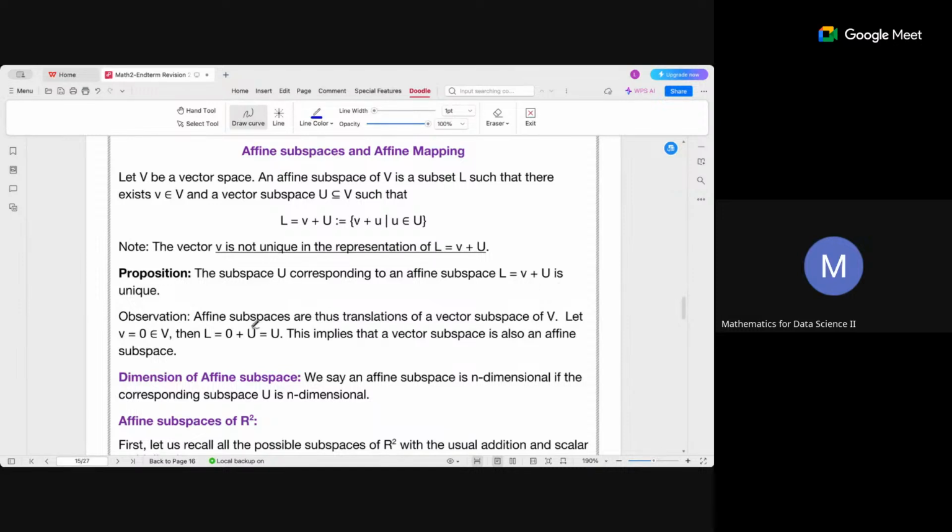So you can see affine spaces as translations of a vector subspace. In fact, if you take V to be just 0, then every subspace also is an affine space. And what is the dimension of the affine space? The dimension of the corresponding subspace is the dimension of the affine space.